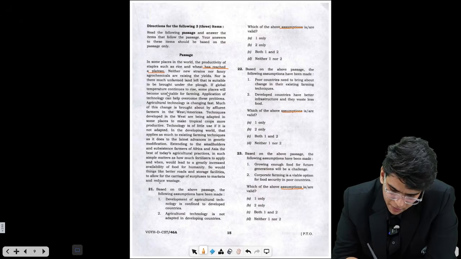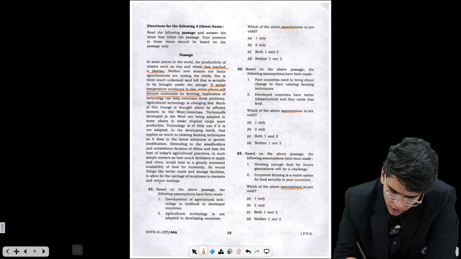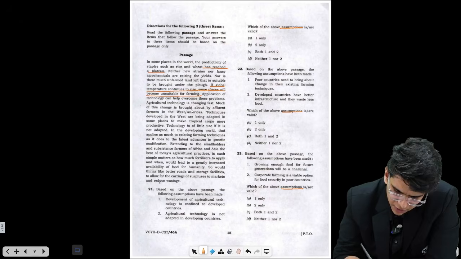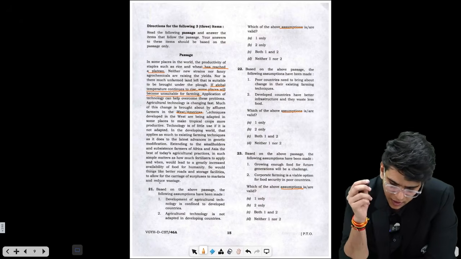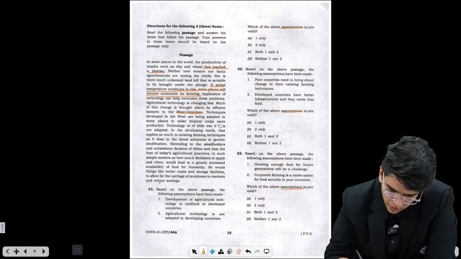If global temperatures continue to rise, some places will become unsuitable for farming. Application of technology can help overcome these problems. Agricultural technology is changing fast. Much of this change is brought about by affluent farmers in the West, Americas. Techniques developed in the West are best adopted in some places to make tropical crops more productive.